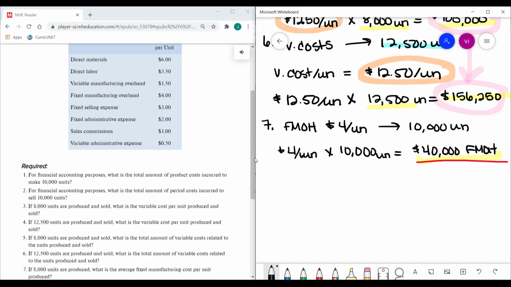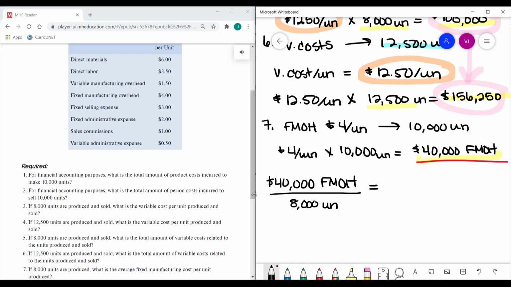But we want to know, okay, well, what does that $40,000 of fixed overhead come out to per unit when I produce 8,000 units? So when we produced 10,000 units, you were spreading out that 40,000 amongst more units versus 8,000 units, right? So that 40,000 was cut into more pieces, was cut into 10,000 pieces, making each piece $4 per piece or per unit. But when you only produce 8,000 units, you're spreading that $40,000 of fixed overhead amongst less units. You're cutting it into less pieces.